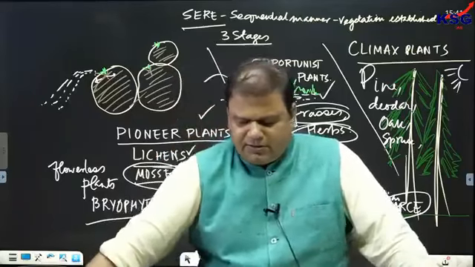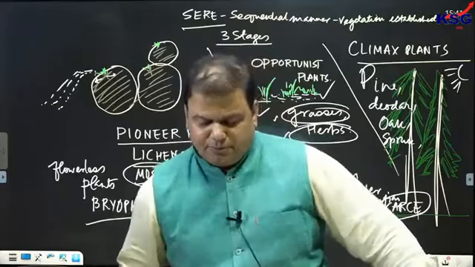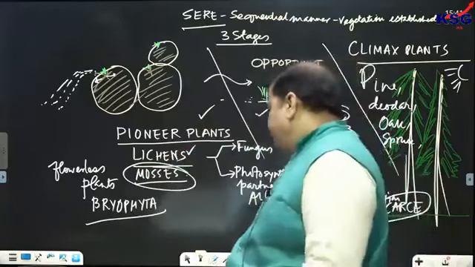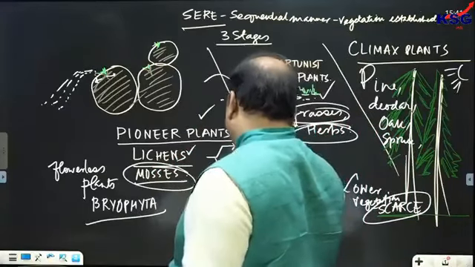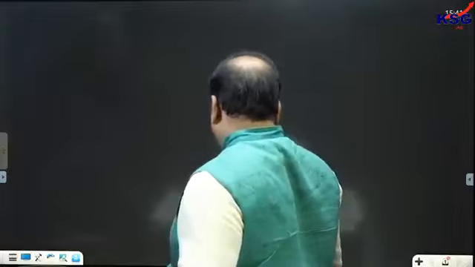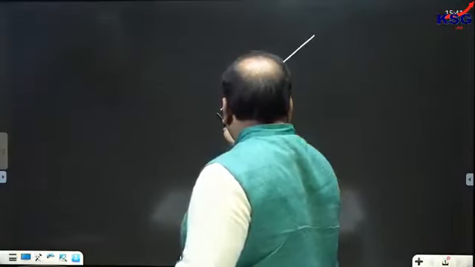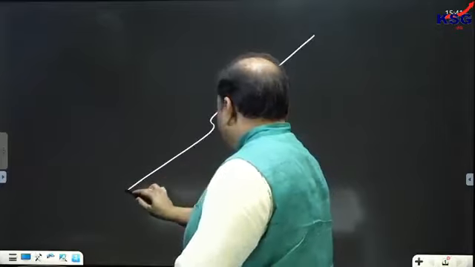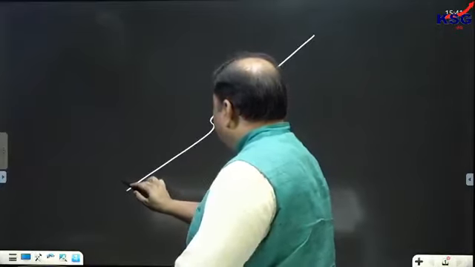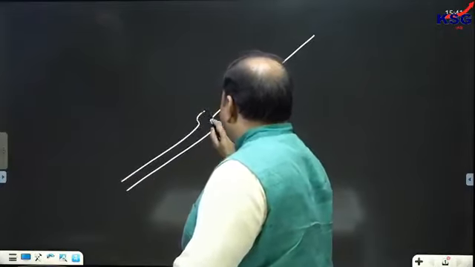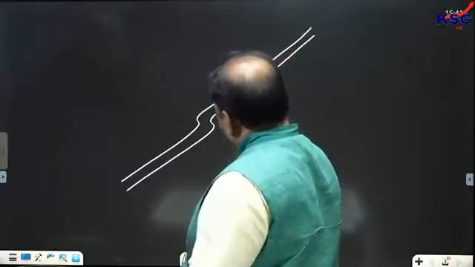Now see, the third principle of ecology is called ecological productivity. Suppose this is your coastal area, and this area is of mangrove swamps.